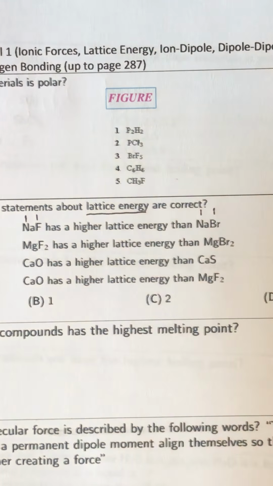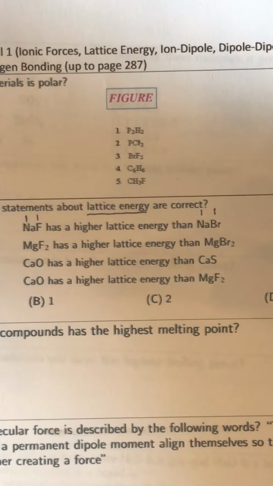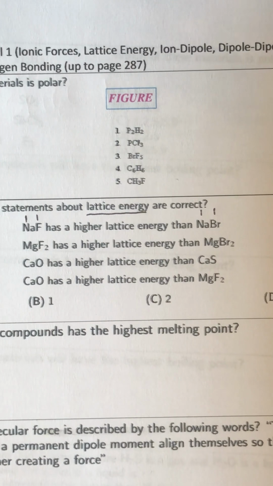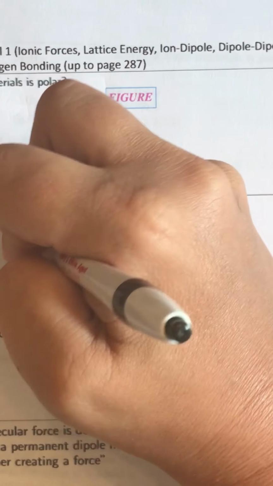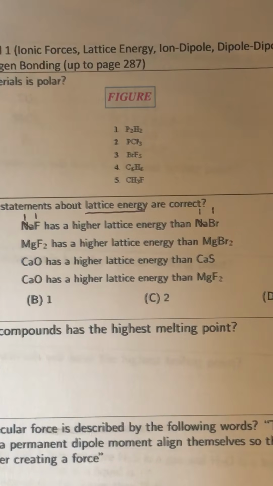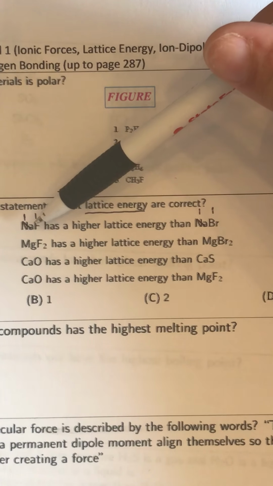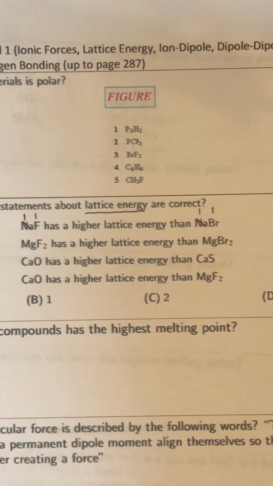So the first thing I'm going to check are the charges. So we have a 1, a 1, a 1, a 1. That doesn't really help us. So remember, we want high charges but low radius, small radius. So if you go to your periodic table, we don't really need to compare sodium and sodium. Those are constant. So if you want, you can just cross that out and make it easier on you. So what has a smaller radius, fluorine or bromine?